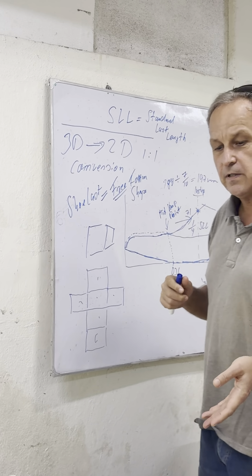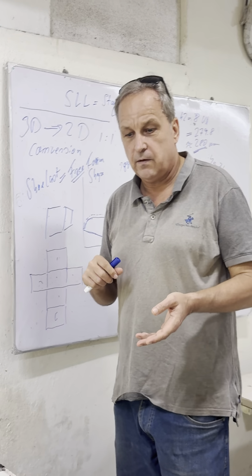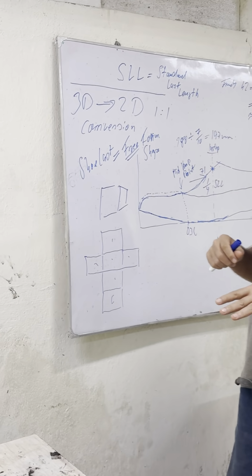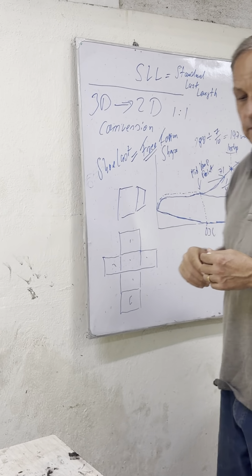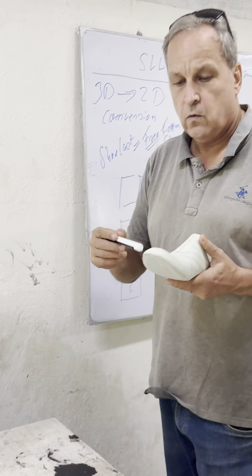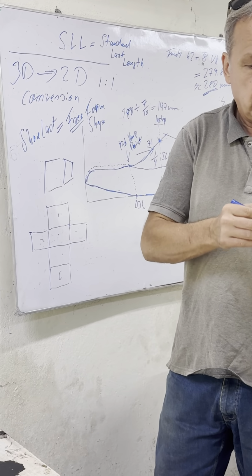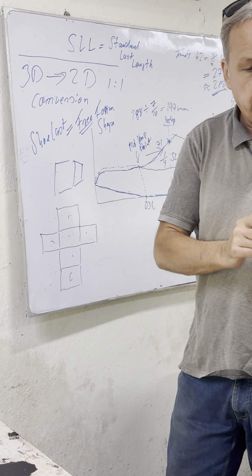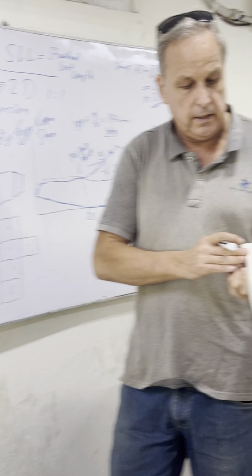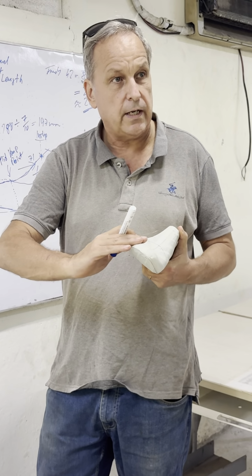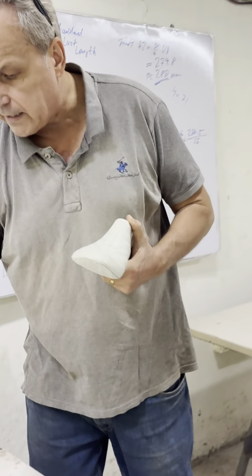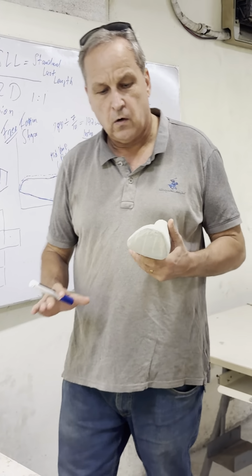The same happens with the shoe last. The shoe last is a free form. So that means once you remove the paper, which you usually do by a long cut here, and then you cut here at the feather edge, and you take this side off, flatten it on the paper, okay?